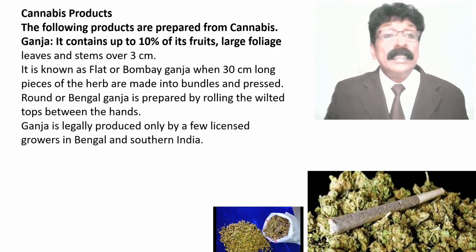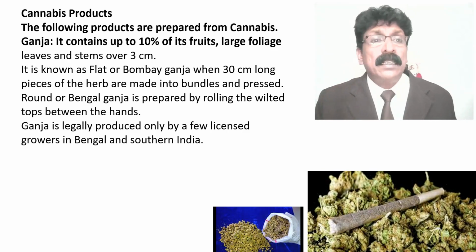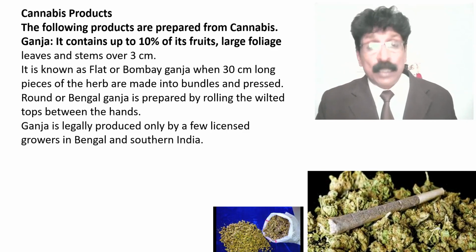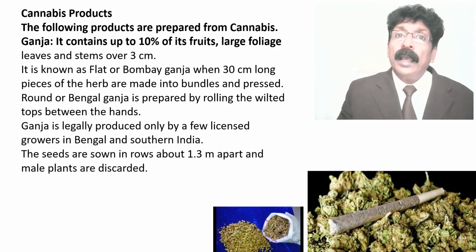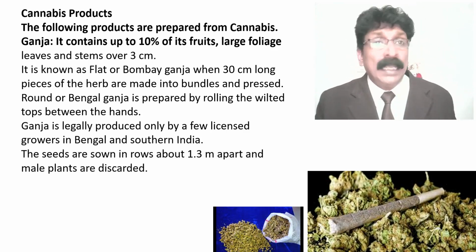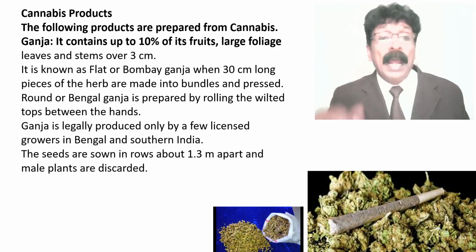Ganja is legally produced only by a few licensed growers in Bengal and Southern India. The seeds are sown in rows about 1.3 meters apart and male plants are discarded.